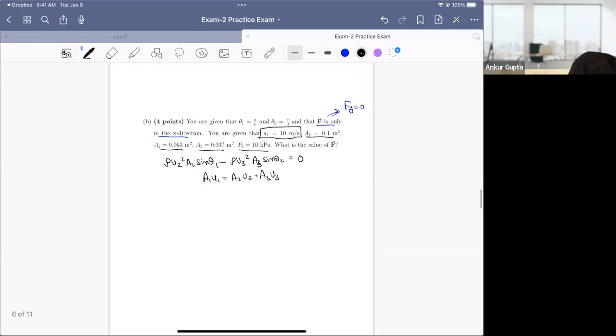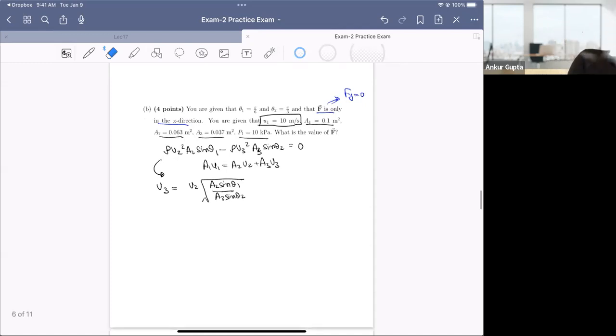So from here, I can say U3 is equal to U2 into square root of A2 sine theta 1 by A3 sine theta 2. Okay, and so this is the part for U3 is equal to U2, and then I get U2 is equal to A1 U1 by A2 plus A3 times square root of A2 sine theta 1 by A3 sine theta 2.